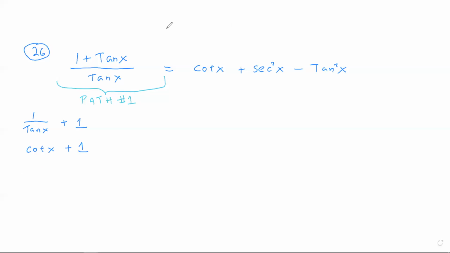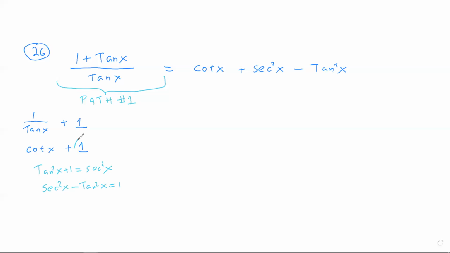So the Pythagorean identity I was talking about is tangent squared of x plus 1 equals secant squared of x. If we reorganize this, we have secant squared of x minus tangent squared of x equals 1. So whenever I have a 1, I can turn it into the Pythagorean expression.